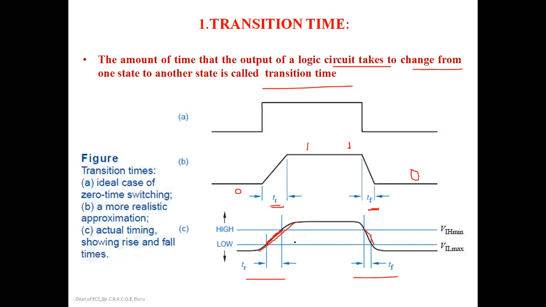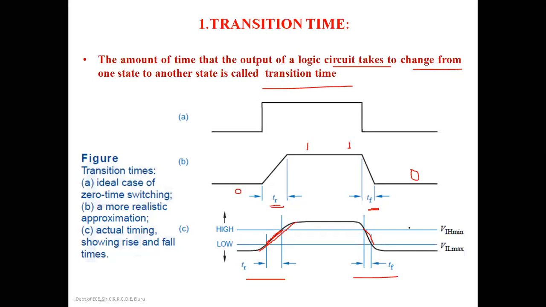Figure C is the actual timing, the actual transition timing that occurs at the output of the CMOS device. And these rise time and fall time transitions can be determined with respect to the voltages of these levels.